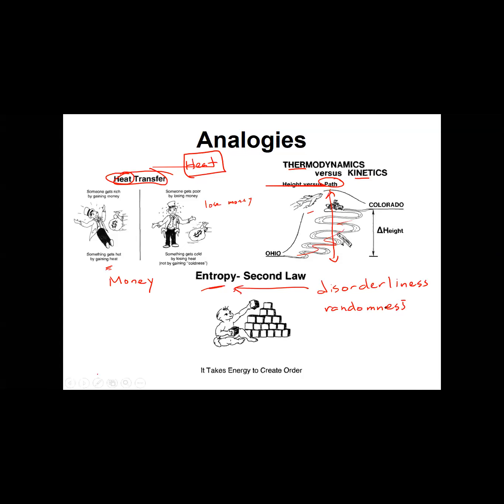The entropy of the universe is increasing. What does it tell us? Which will happen spontaneously, a system that becomes more disordered or a system that becomes more ordered? Based on here, it says it takes energy to create order.